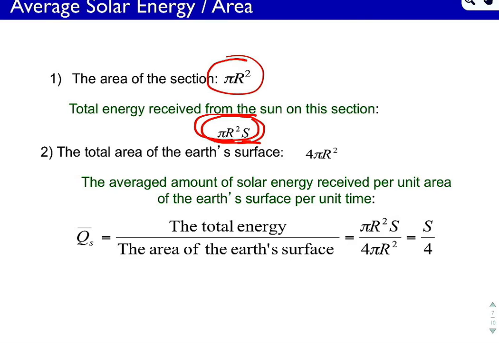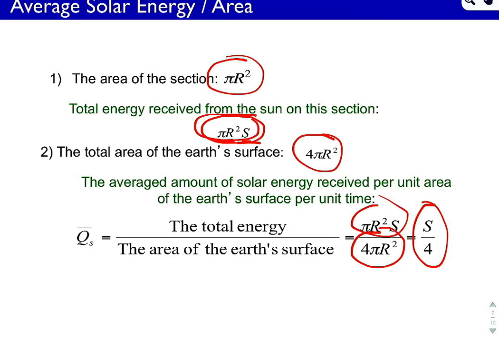And the surface of a sphere is given by 4 pi R squared. That's the surface of the Earth, considering it a sphere. So this much energy is available to heat this much surface. So on average, the Earth receives S over 4.